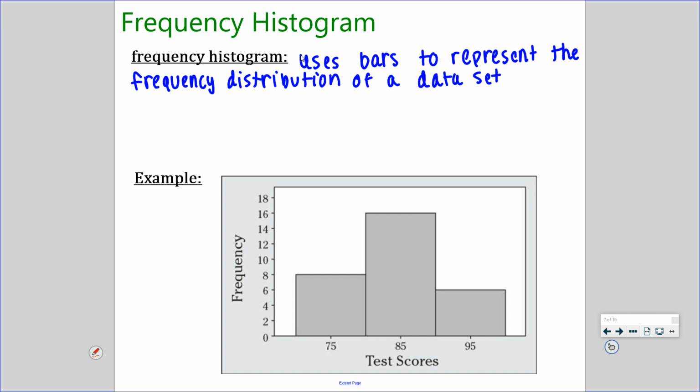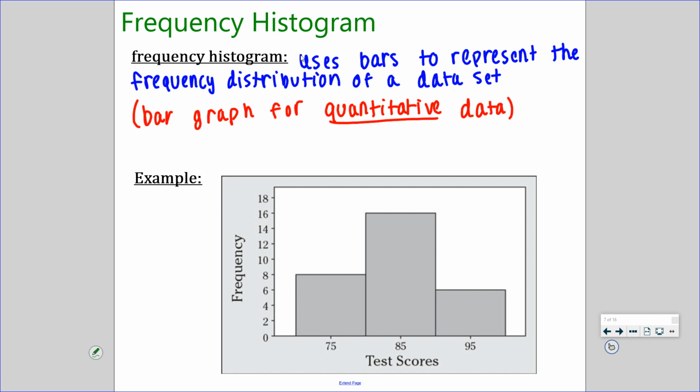So it's essentially a bar graph for quantitative, which means numerical, data.